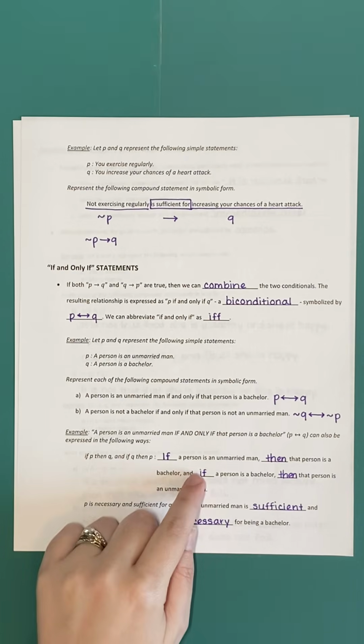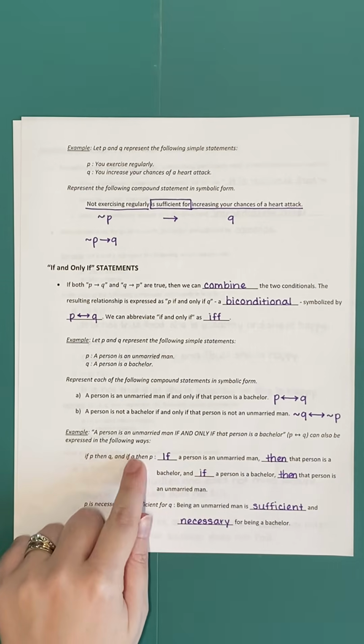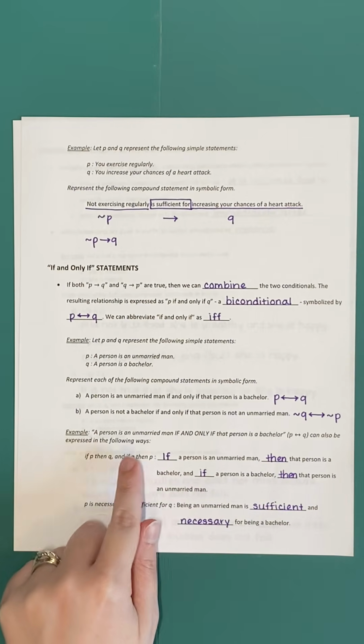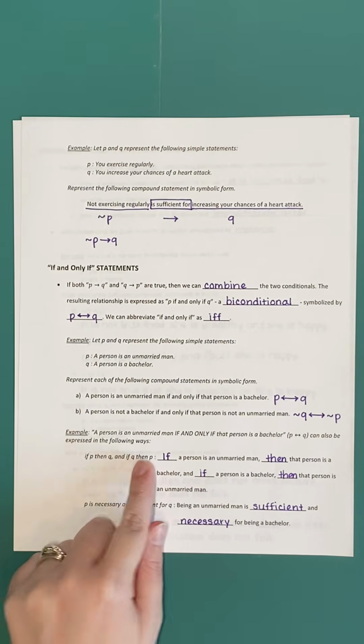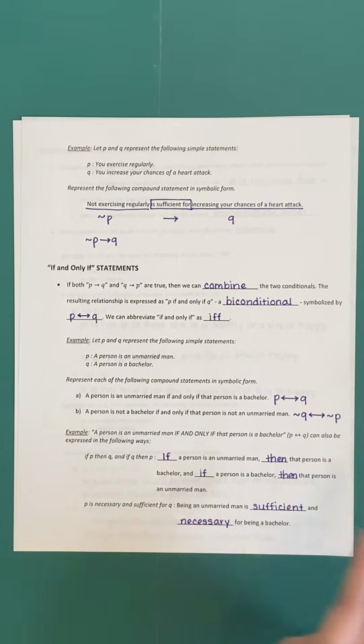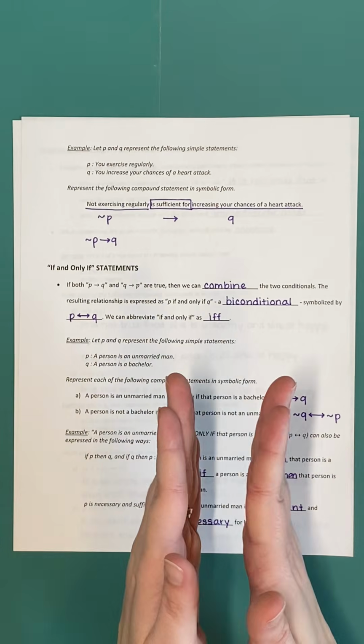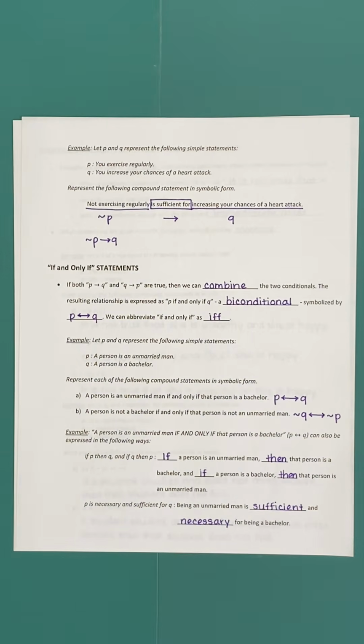And if a person is a bachelor, if Q, then that person is an unmarried man, then P. So left to right, then right to left, both together at the same time, but now they've been broken up into the two separate statements.